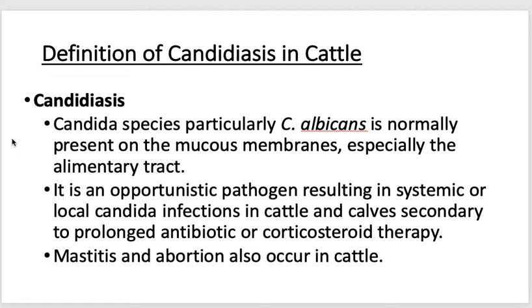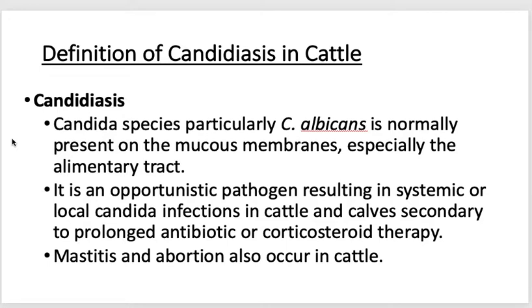So it is an opportunistic pathogen. Opportunistic means when the body's defensive mechanism or immune system goes down, then the particular species of Candida multiply, increase in number, and cause infection.